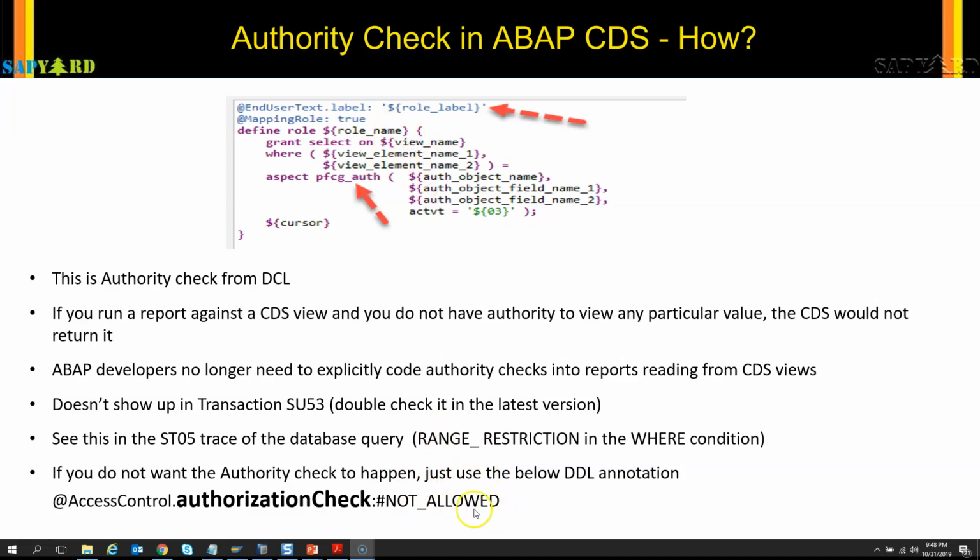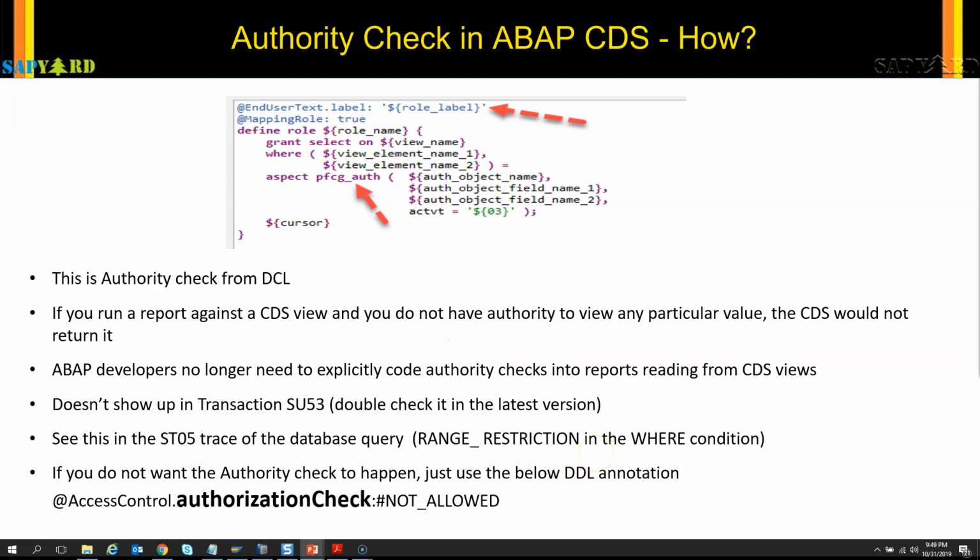It will give you access to everything, meaning you will be able to see everything the CDS pulls. The not allowed annotation will bypass any roles, and it will not look for any access control roles which you have created. So it will give you a blanket authorization.